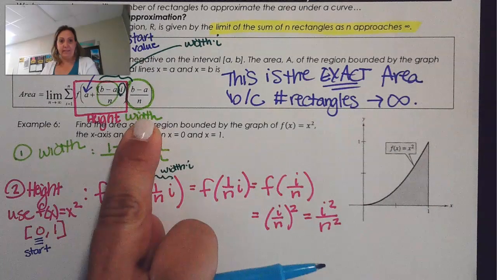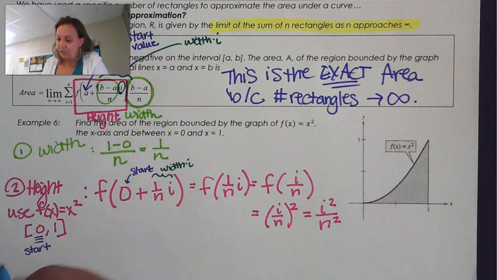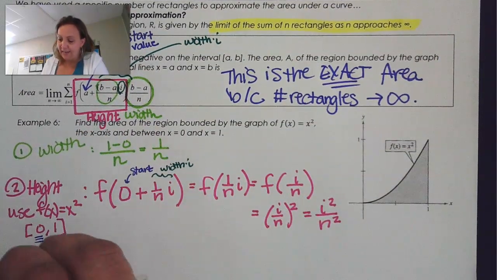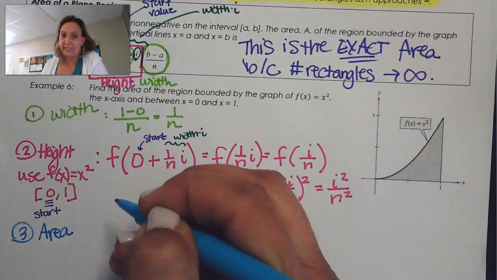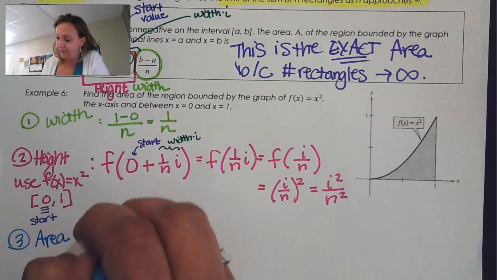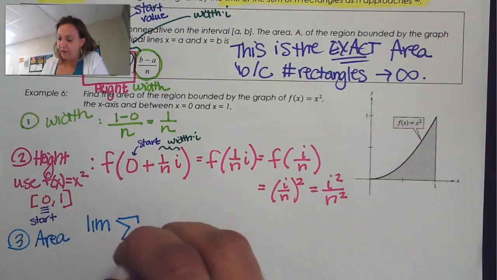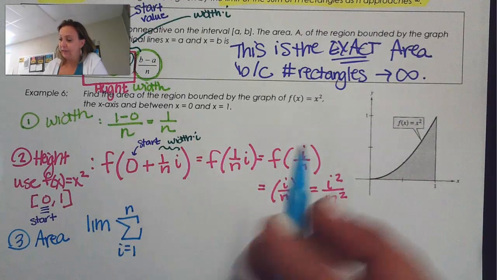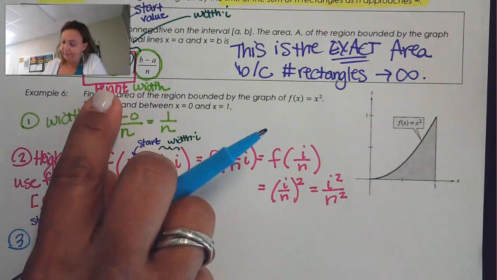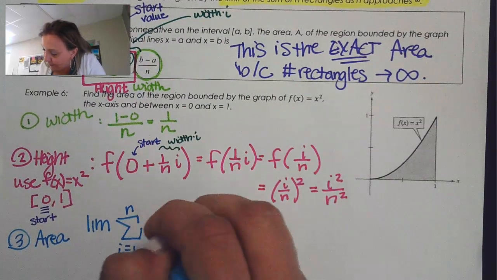So we've found the width, we've found the height. Now what we want to do is work on finding the area. To find the area, we're going to take the limit of the sum, going from 1 to n, of the width times the height. I know this says height times the width, but the other day we did width times the height.